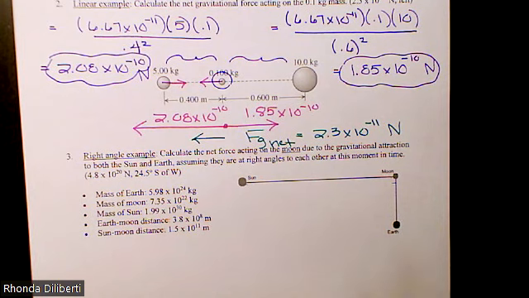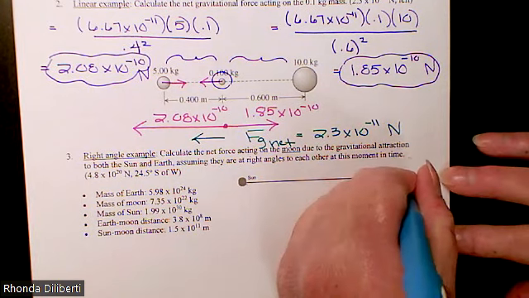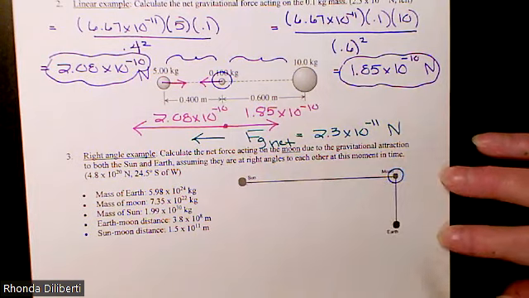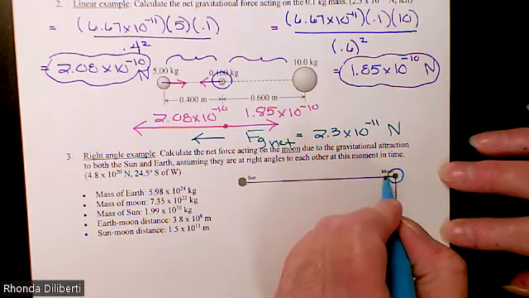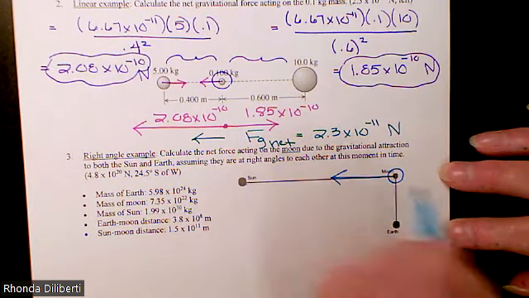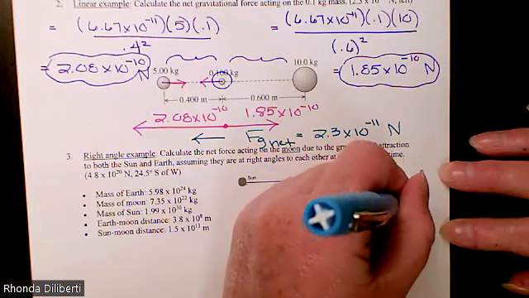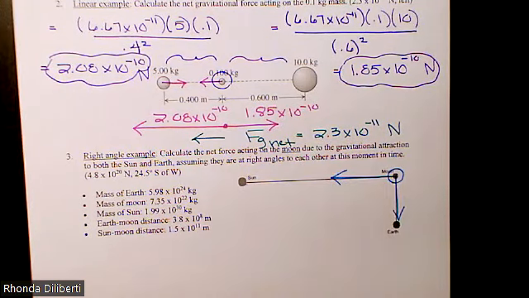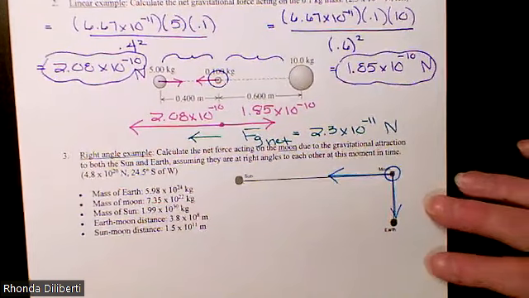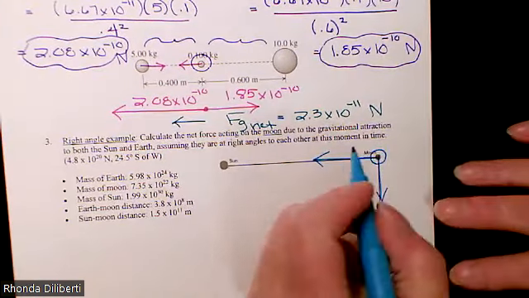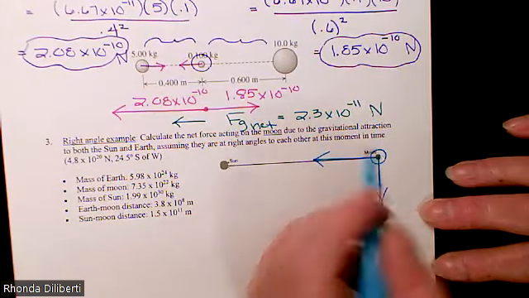All right, so this time I'm focusing on the moon. So I'm going to circle the moon. And I'm going to say to myself, well, the moon is attracted to the sun, and the moon is attracted to the earth. So I'm going to number crunch those values to start with. So let's do the sun and the moon.